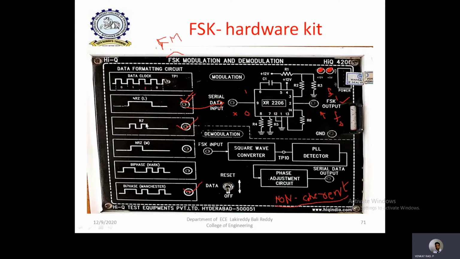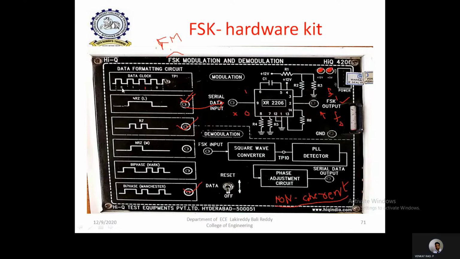Whenever there is the term return to 0, here the binary 1 is represented with a high pulse and then returns to 0. That means in the middle of the clock time period, this high pulse is going to return to 0. But in NRZ it will not return to 0 until the complete clock time period. For example, this 1 is appearing during this clock time period. This is only an example.